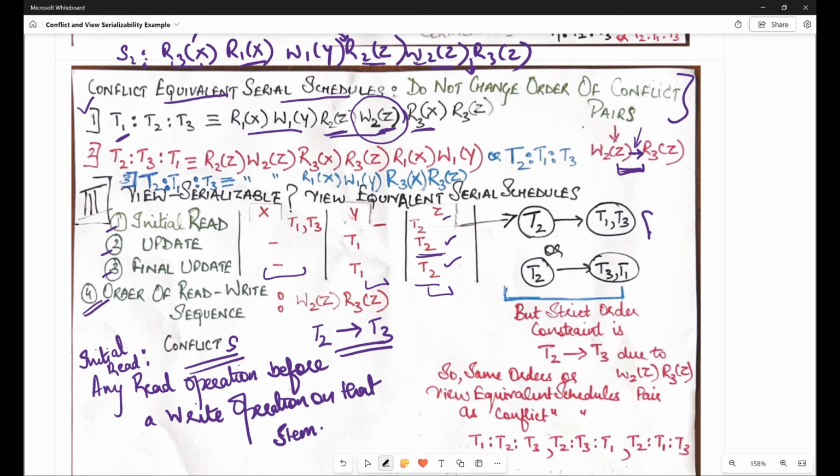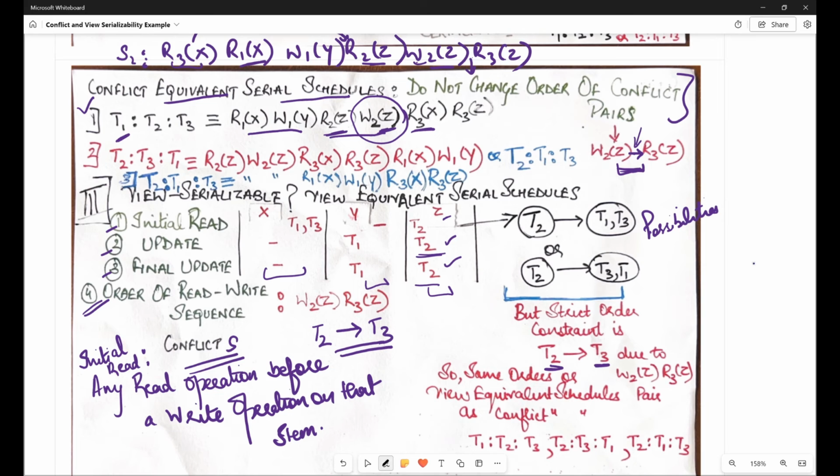These are the other possibilities I've drawn over here. But the strict constraint is T2 will come first and then T3 will come. Any number of transactions can come within. So the possible schedules are T1, T2, T3; T2, T3, T1; and T2, T1, T3, which we have written over here also, and we've also checked that it's possible to form them.